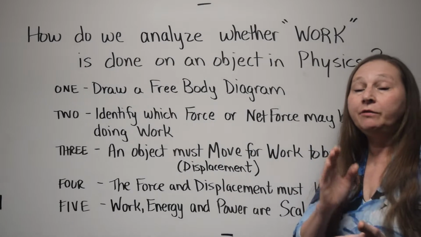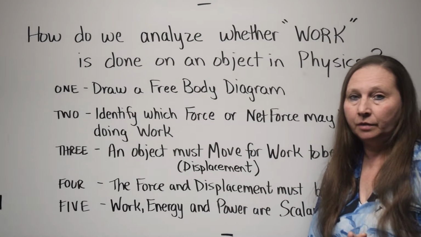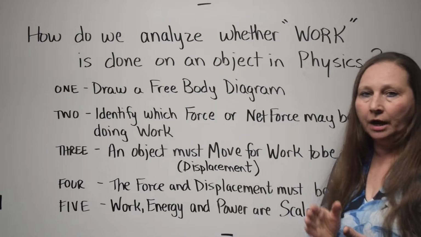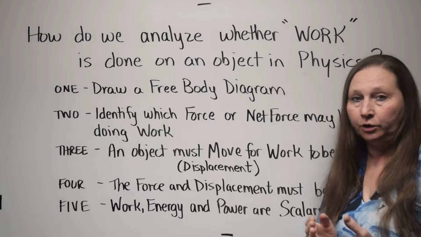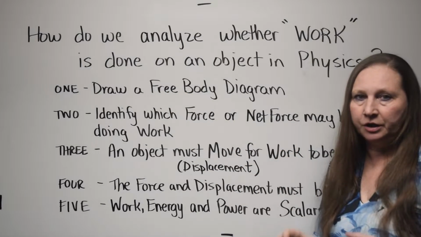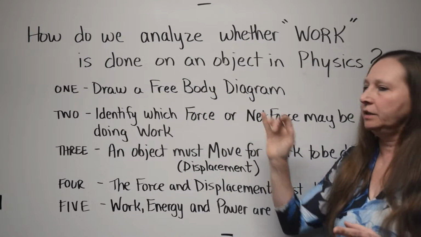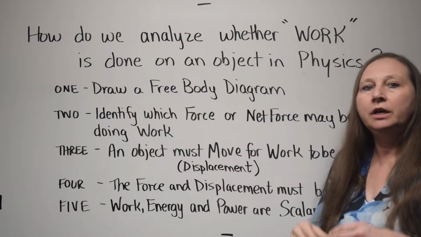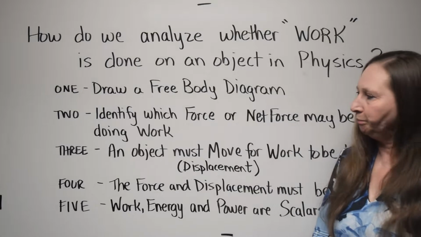Now, if you're having trouble with your physics class, one of the things that you might not be doing, maybe you're not doing it, or maybe you're not doing it correctly, or you're not doing it consistently, is drawing diagrams, especially free body diagrams. So one of the first things that we're going to do for each of the examples is draw a free body diagram.